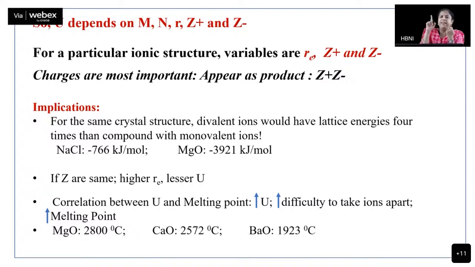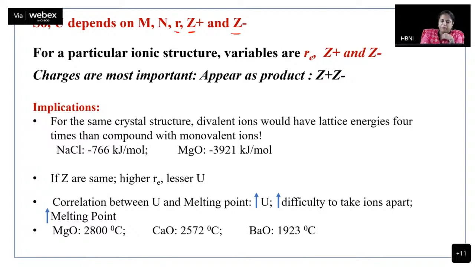Now, if I take a particular ionic structure, suppose I want to compare ACl and BCl. They have similar structure. Then my Madelung constant is same for them because it depends upon structure, right? I hope it is clear to you. Now my variables are R, Z plus, and Z minus.